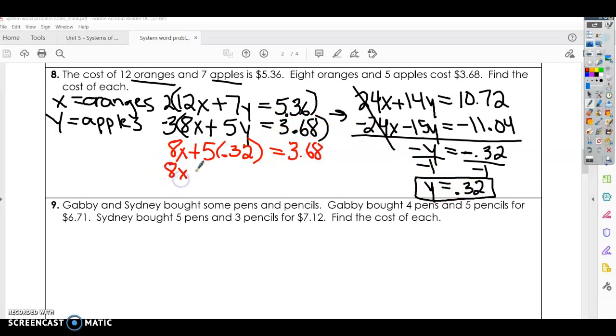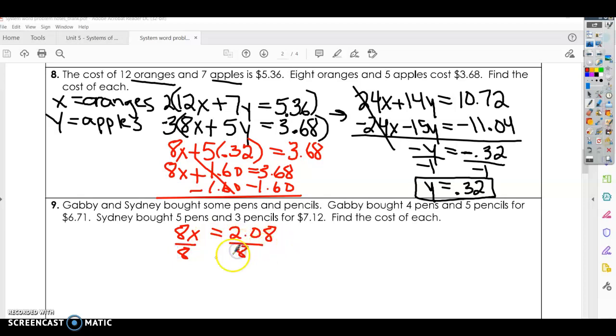All right, so 8x plus 5 times 32 cents is $1.60. And then subtract $1.60. So you're going to have 8x, this cancels, equals 368 minus 160 is 208. And divide both sides by 8.